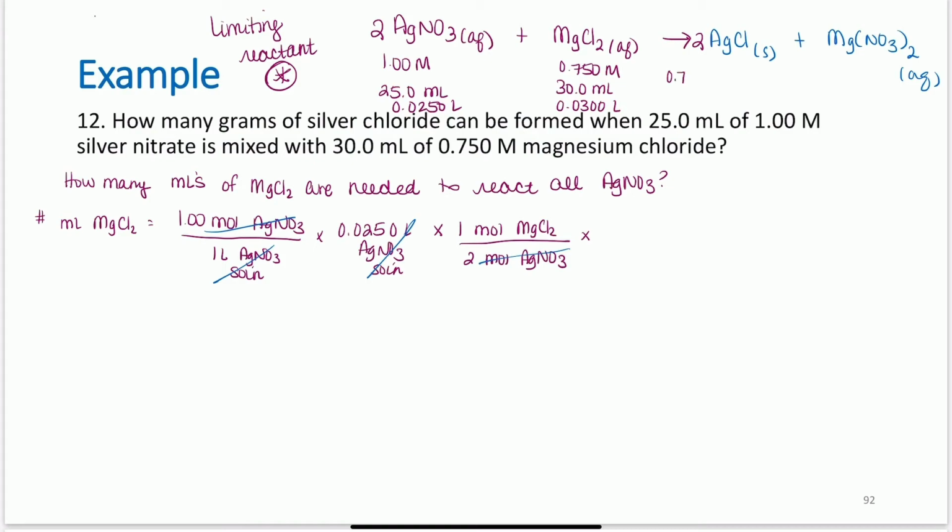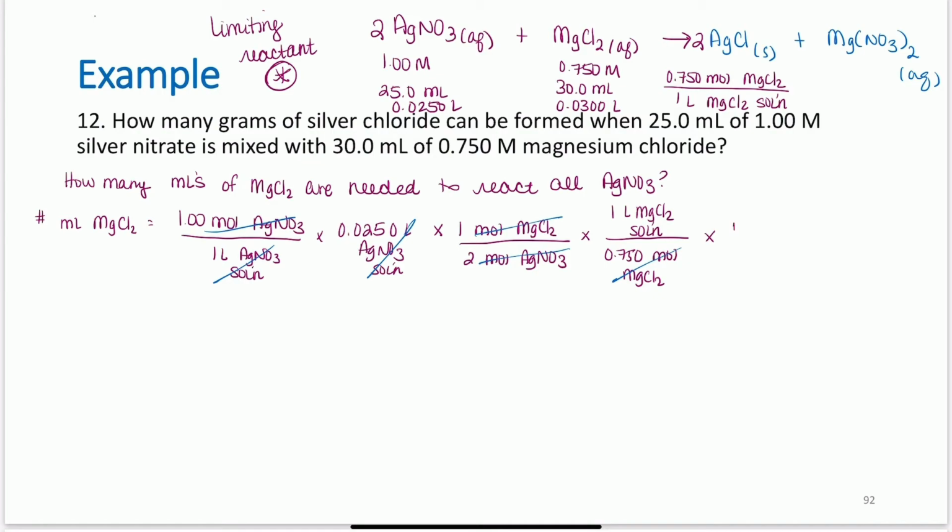Remember, that means 0.750 moles of magnesium chloride per 1 liter of magnesium chloride solution. And I can flip that either direction. I'm going to put 0.750 moles of magnesium chloride on my denominator, specifically because I need them to cancel out. That's how I know it needs to go in the denominator. And I'm going to put 1 liter of magnesium chloride in my numerator because I'm trying to solve for milliliters of solution.